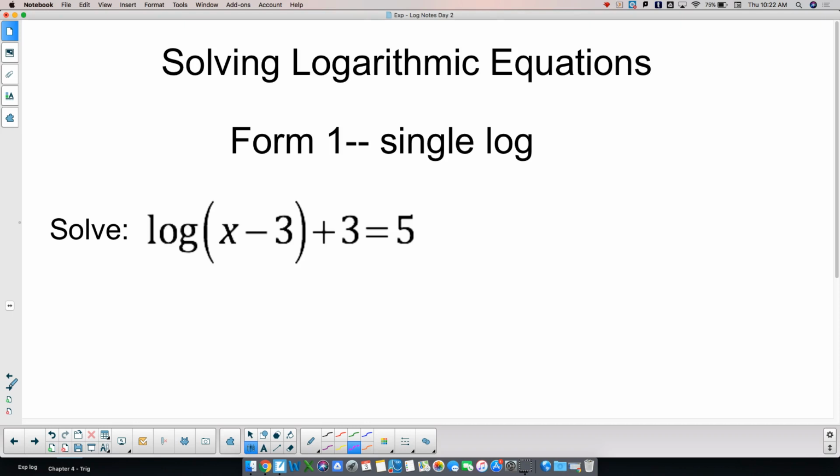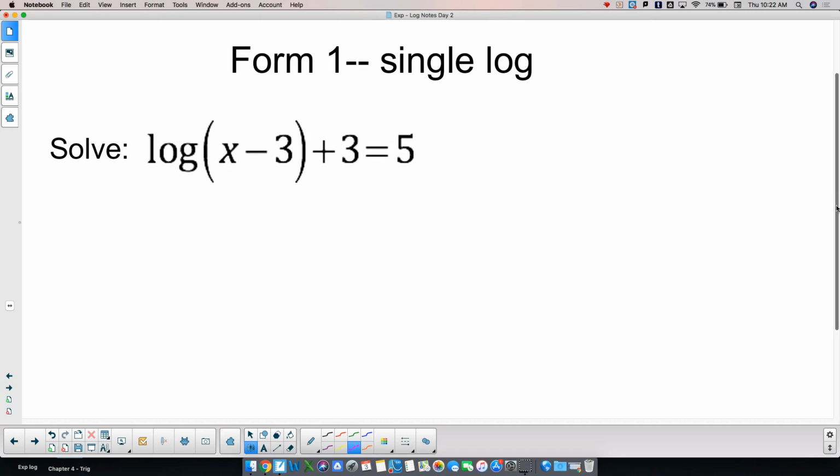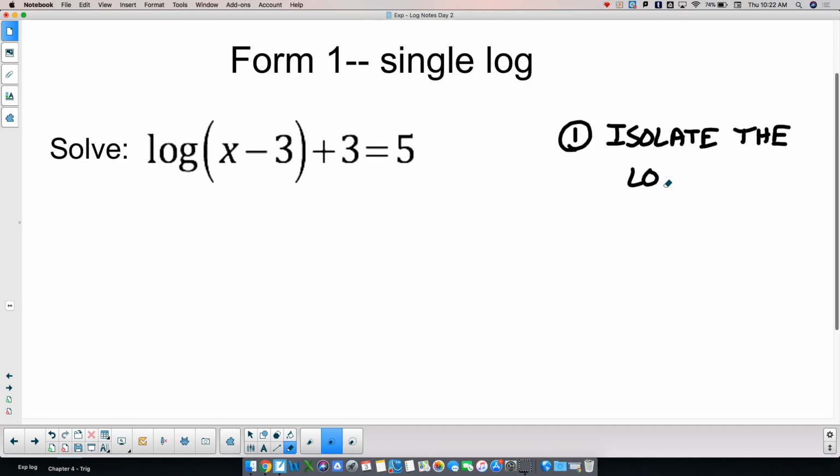There are 3 forms to solving logarithmic equations. The first form is if you have a single solitary log. So again, if you're in that case where you've got a single solitary log, then your first step is going to be to isolate that log term.